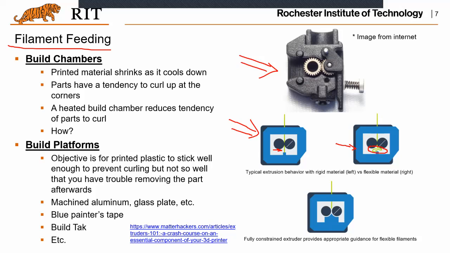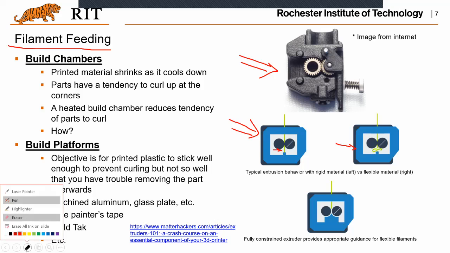The reason is there is a distance. Let me clean this up and point out where it is. Basically, from this to this hole, there is a distance, and because of the material property of this flexible material, it's very hard to feed it directly into a small hole.